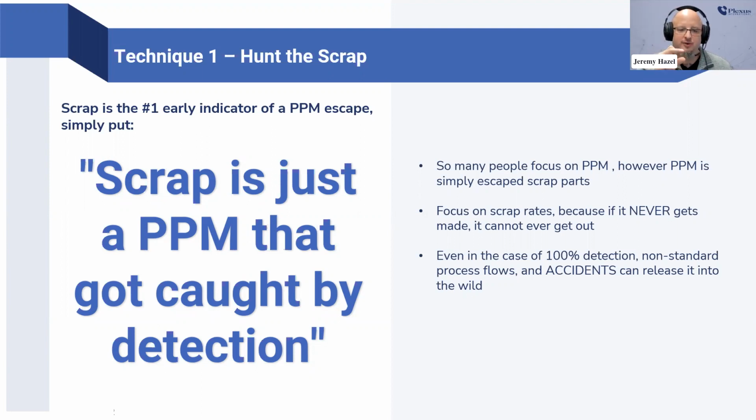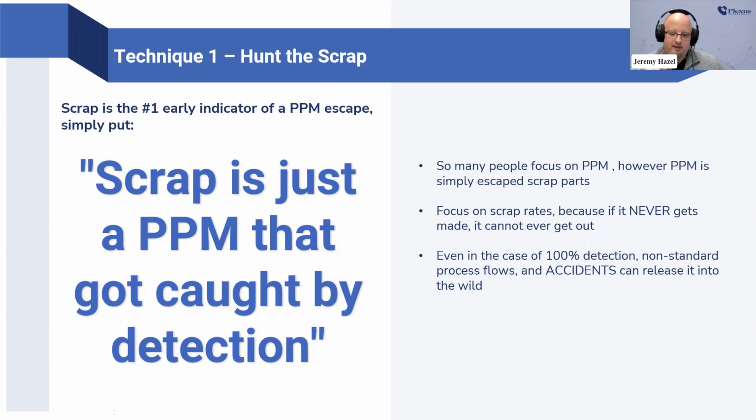So if you want a high leverage solution to auditing, in this case a PFMEA, focus on your scrap. Now, for the DFMEA folks, you're kind of in that same boat. What you're looking for is your design for manufacturability issues.